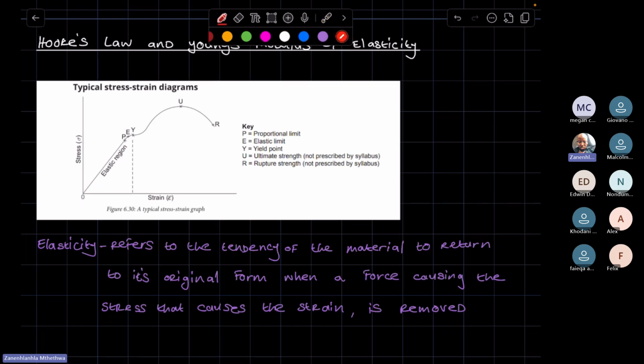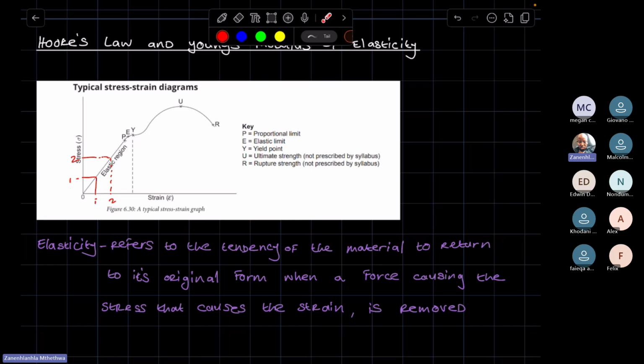If you were to calculate, say, the Young's modulus of elasticity at that point, from zero to there, and then from zero to here as well, you see that the strain is increasing. Let's call this one, and this two.